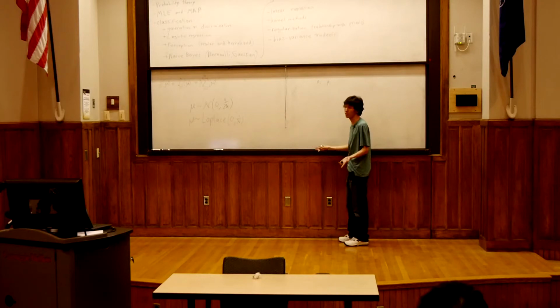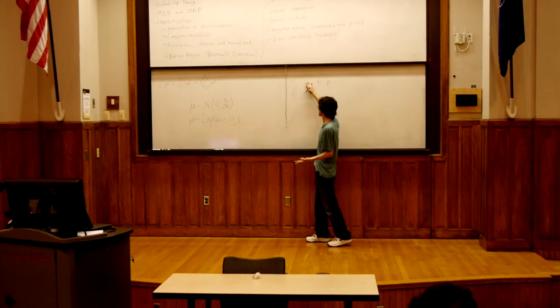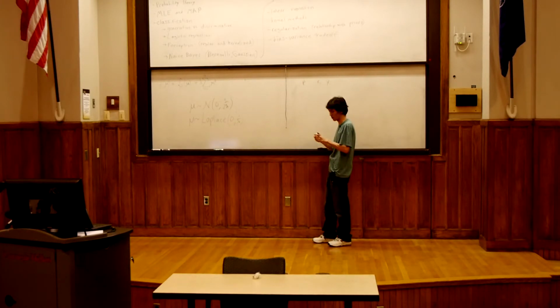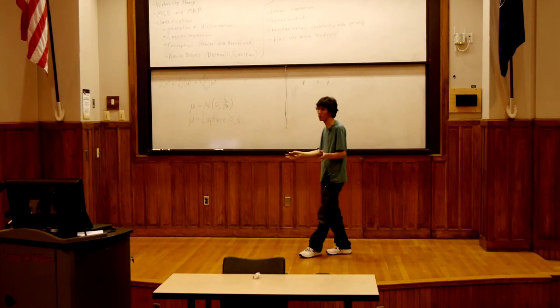I'm doing classification, let's say. And I have some sort of prior on the class assignments, for example p. Every point has a 30% chance of being labeled +1 and a 70% chance of being labeled -1. That's my prior belief. Spam or not spam was the example we used in class.